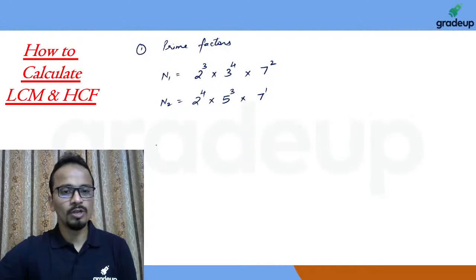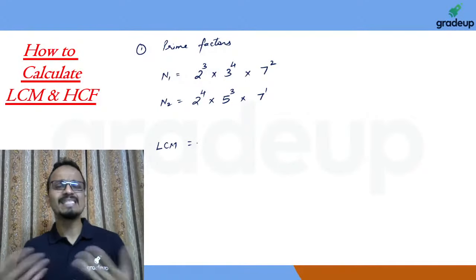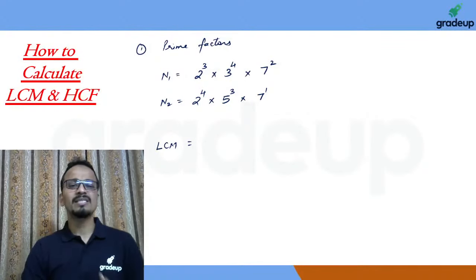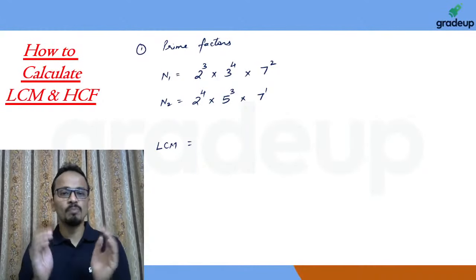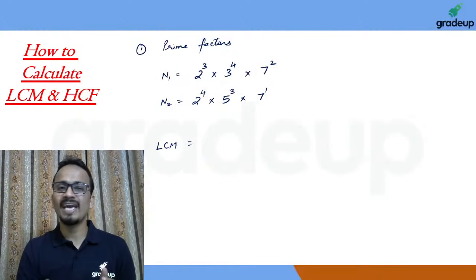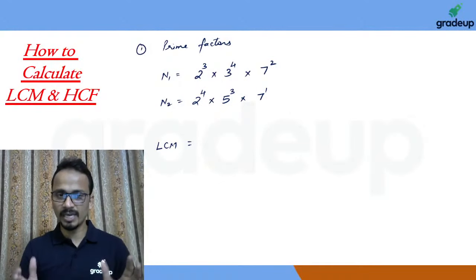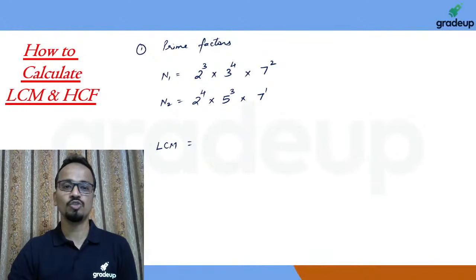Now, first of all, to calculate LCM of these two numbers, what we'll do is, now what is LCM? LCM is the least common multiple. So basically the smallest number which is divisible by both n1 and n2. Again, the smallest number which is divisible by both n1 and n2. All right.